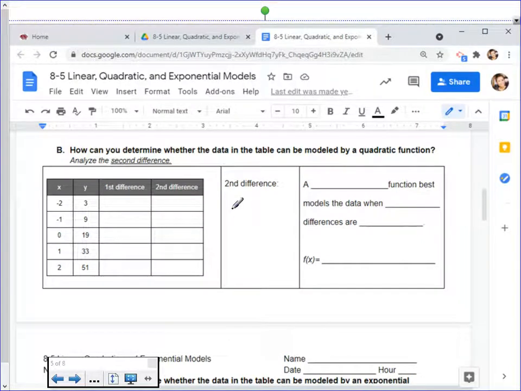How can you determine whether the data in the table can be modeled by a quadratic function? So in this case, we're going to take the first differences, which is finding your y values and subtracting them.